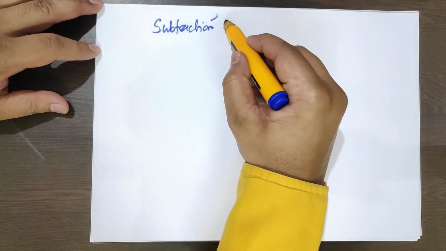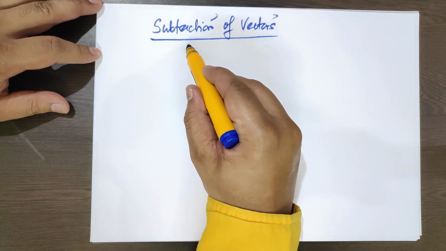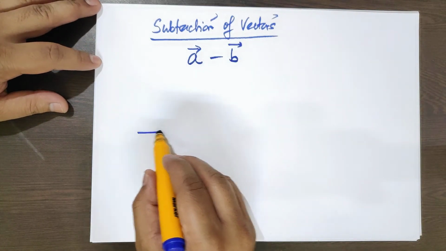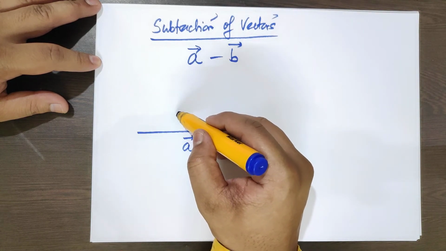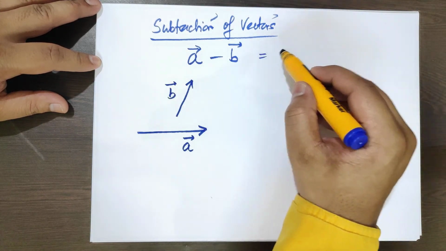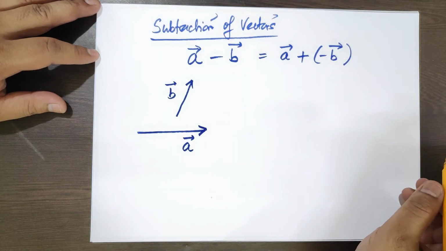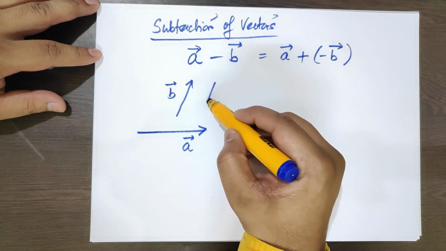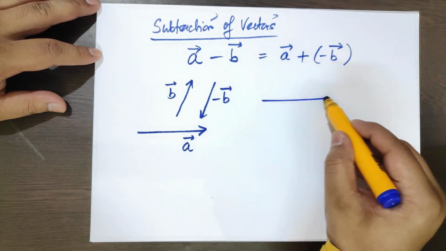So actually we can also subtract vectors. Subtraction of vectors. Now suppose you want this A minus B. How to determine A minus B? Suppose that's A and say it's B there. Now we know the subtraction of vectors, A minus B, is A plus of minus B. So you have to draw this minus B, and we know the triangle law to add two vectors.